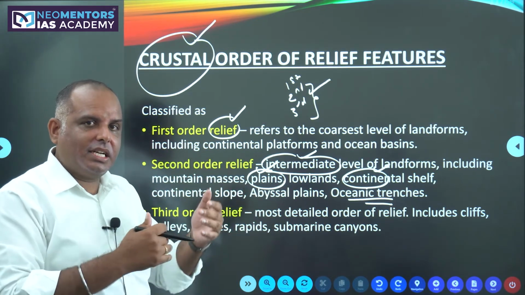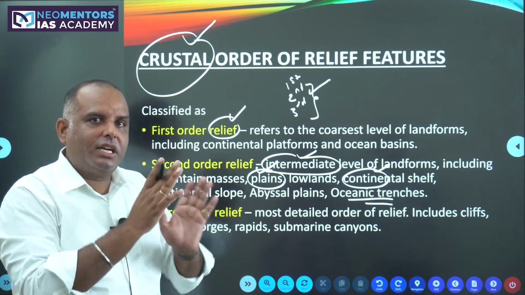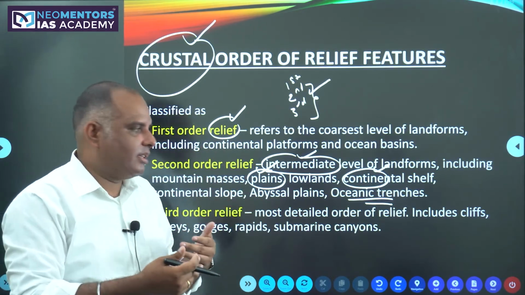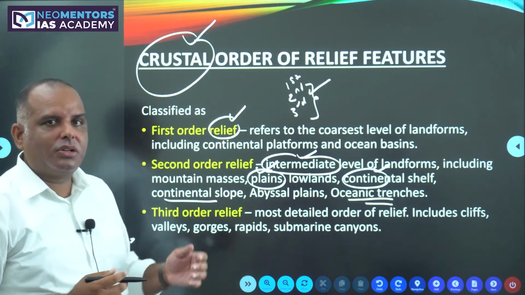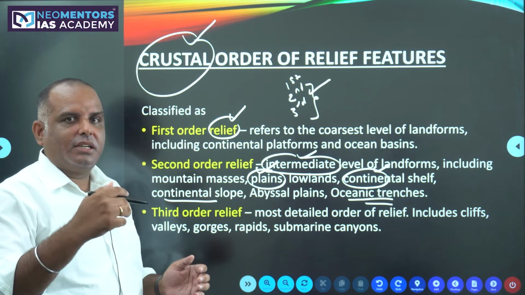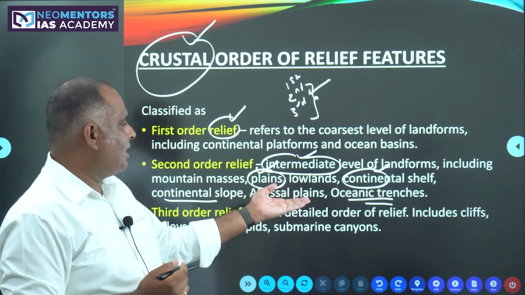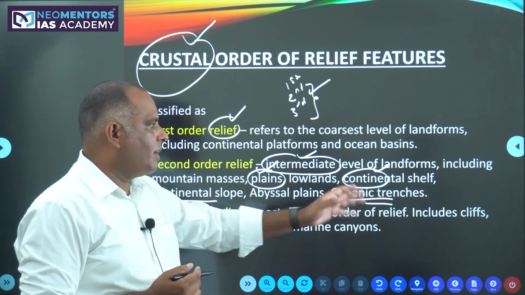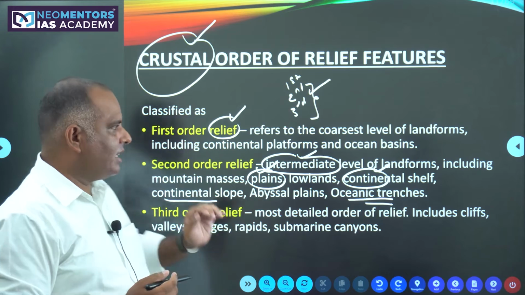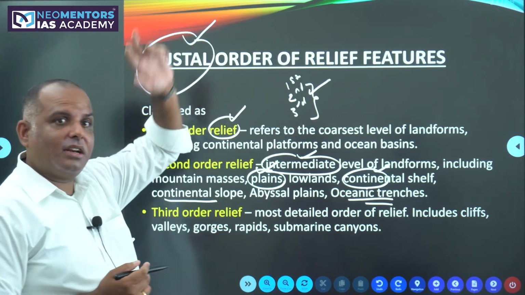Continental slope, abyssal plains, oceanic trenches, etc. we will discuss when we cover the oceanic basin. For now, just have a fair understanding that there is an intermediate level between the coarsest level of landform and the final landform.